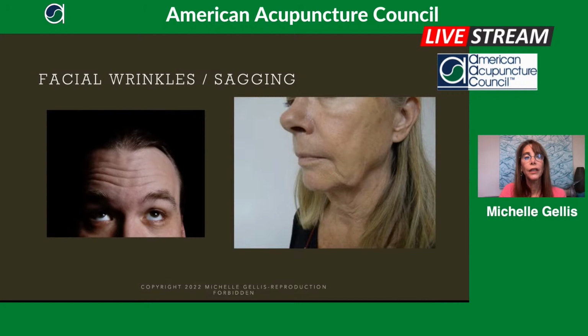So here we have an example of forehead wrinkles. Perhaps this person made the expression where they raised their eyebrows a lot. Also, this is when I said jowling, this is what is referred to as a jowl, and it can happen through the aging process. Things loosen and they become kind of affixed into a new position.